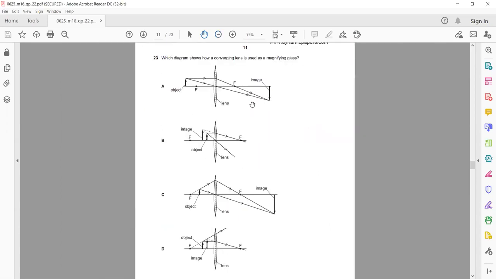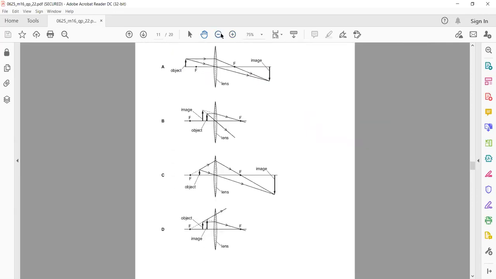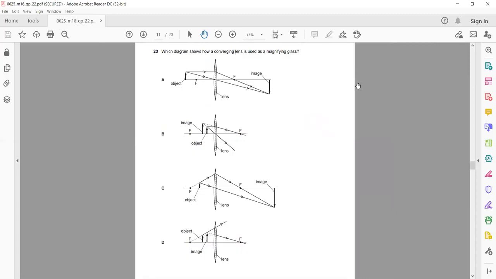Question 23. Which diagram shows a converging lens used as a magnifying glass? Converging lens as a magnifying glass.